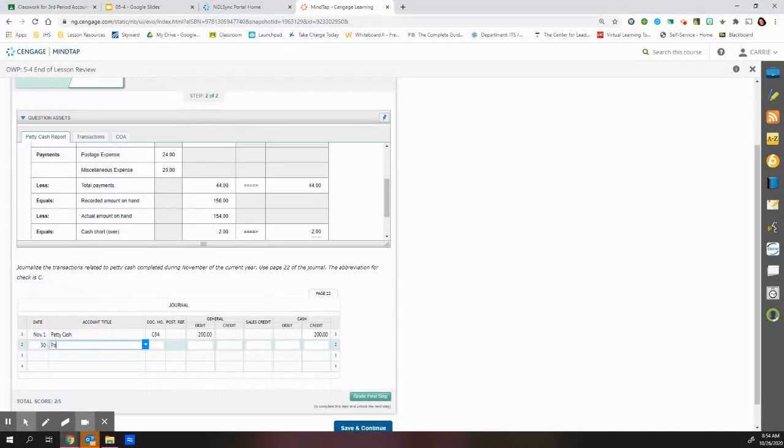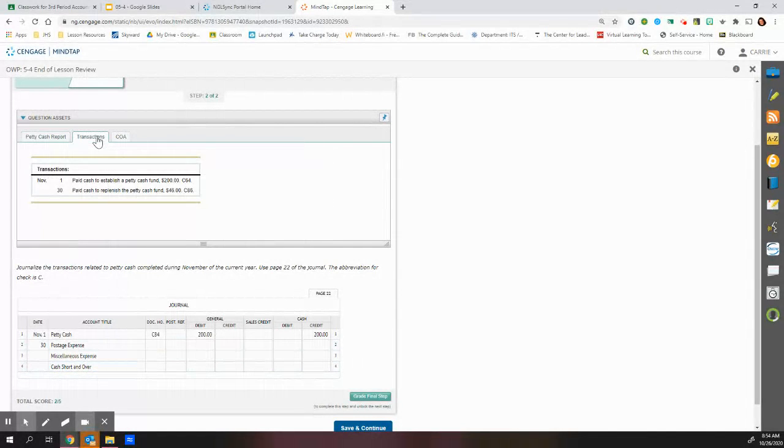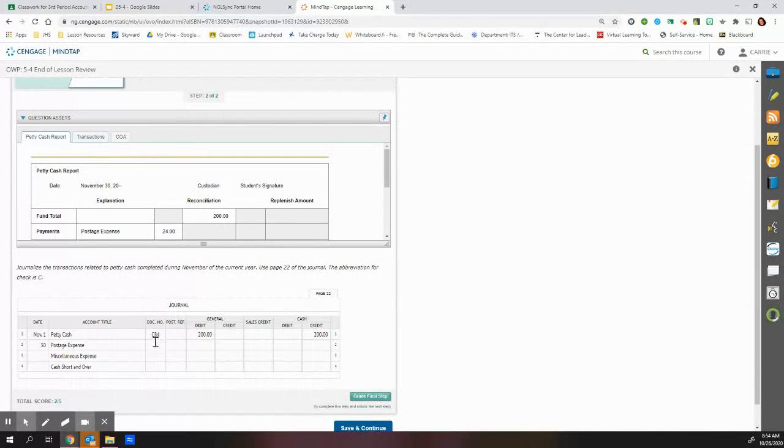So postage expense and miscellaneous expense. And then cash short and over. And this check number was 86, so we're going to put C86.